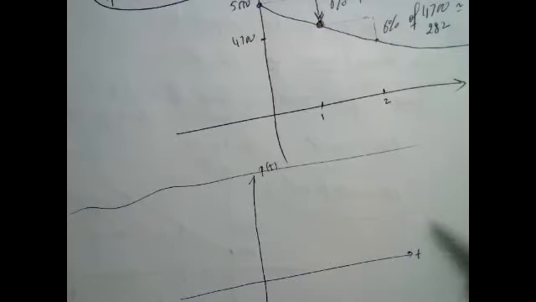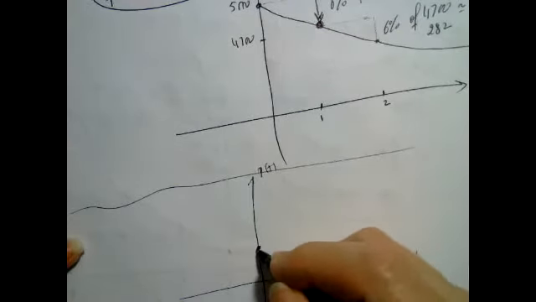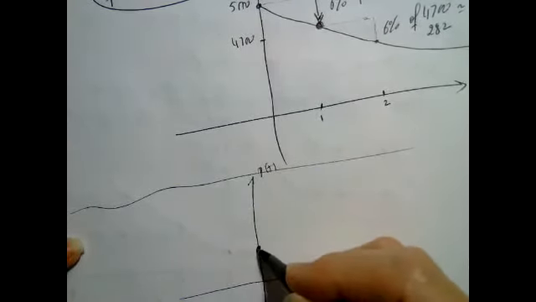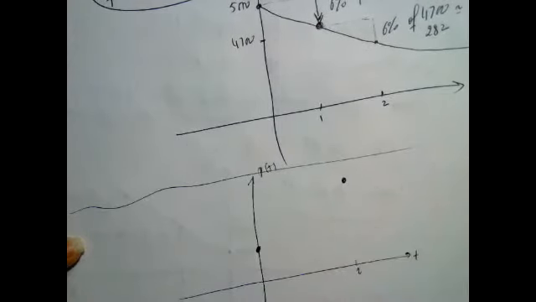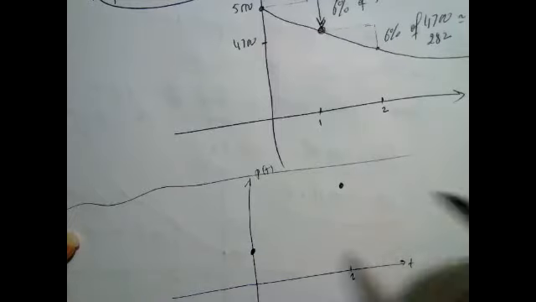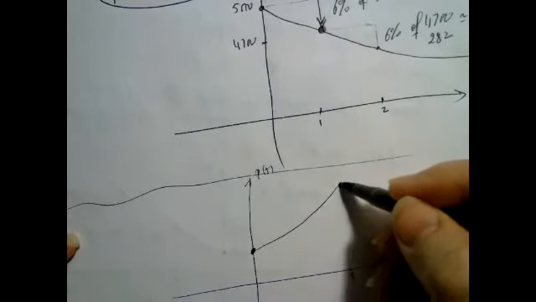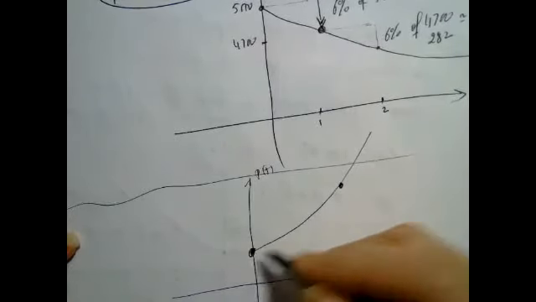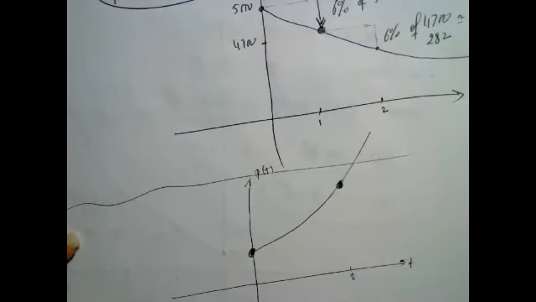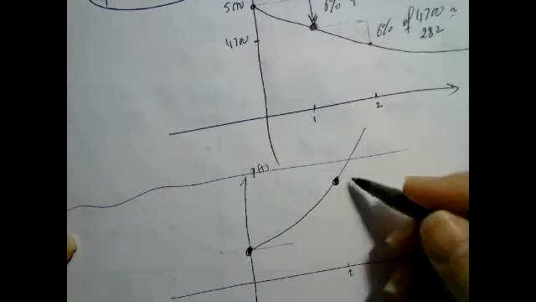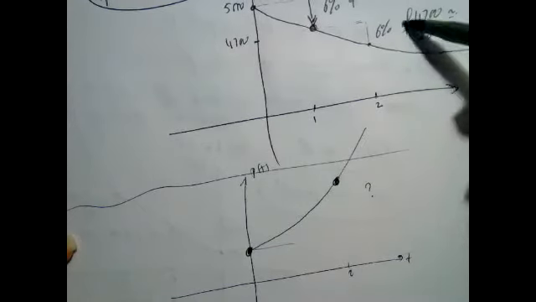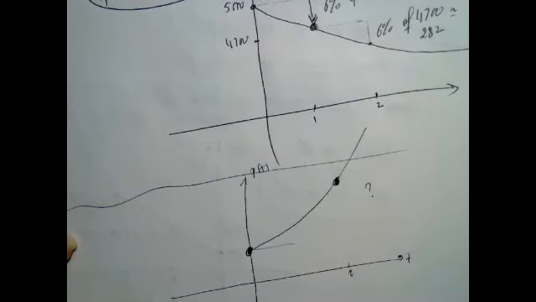But what I know is 2 data points. Suppose I know the initial value, and I know after 2 years how many people I have. I know that it is exponential. The question is, can I find the rate? Or can I find a formula for the function? So my question today is a little bit different.